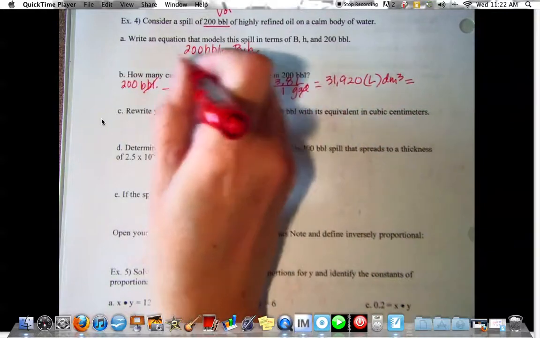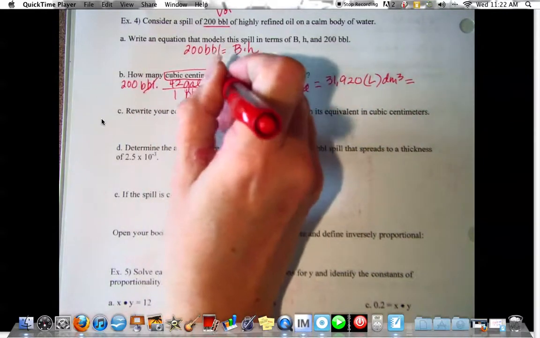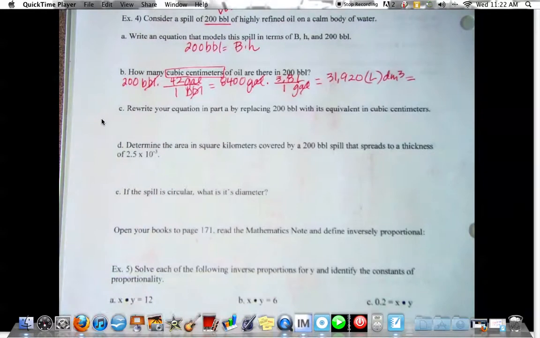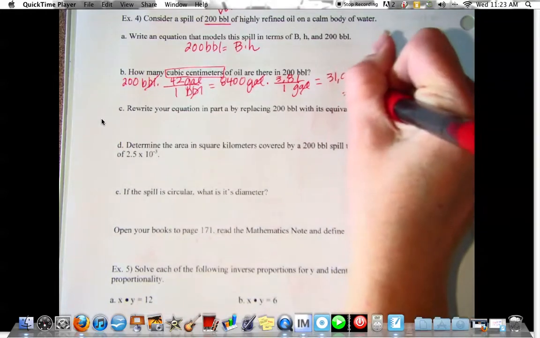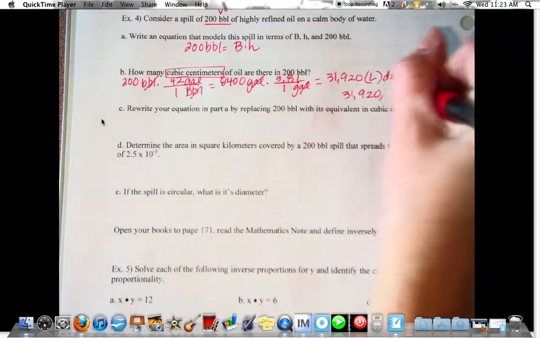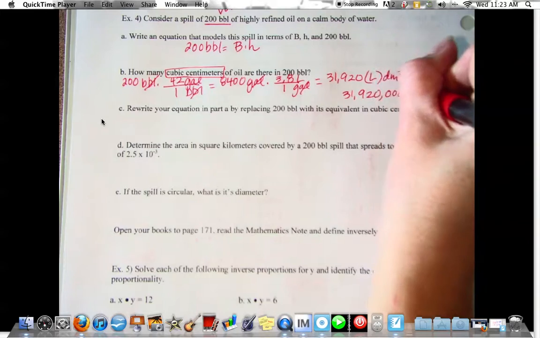Our answer needs to be in cubic centimeters. So we're going from deci to centi, which is a move of 1, but because they're cubed units, we need to move 3. So this is 31,920,000 cubic centimeters.